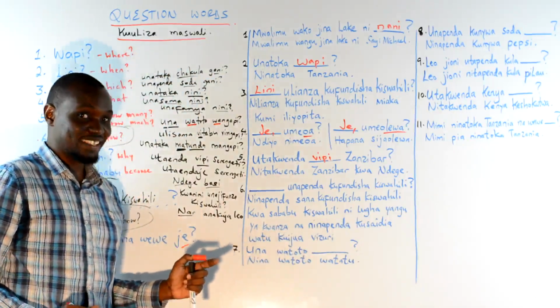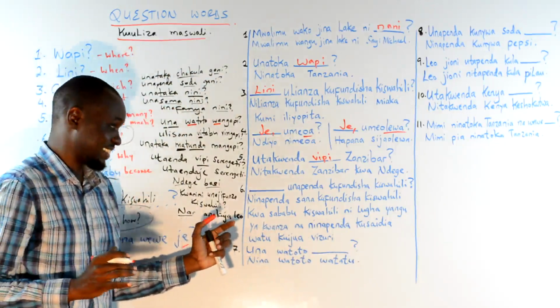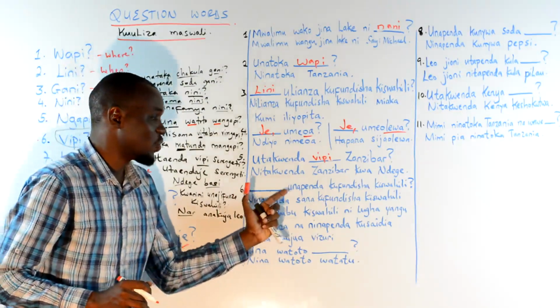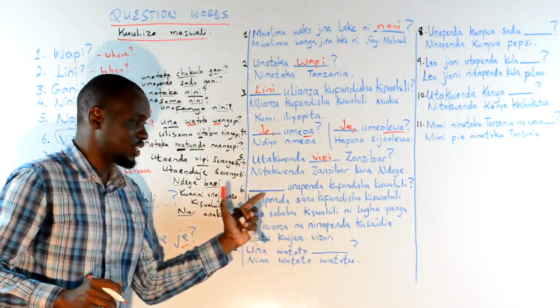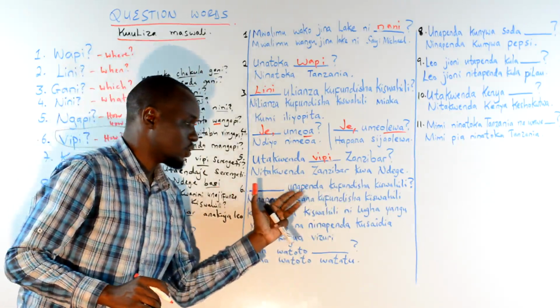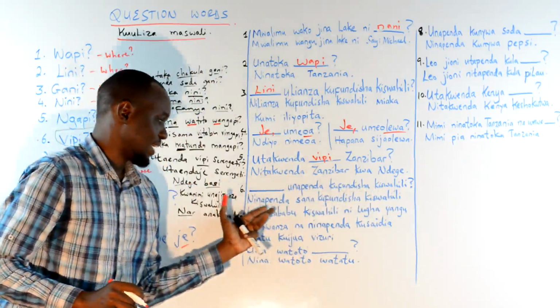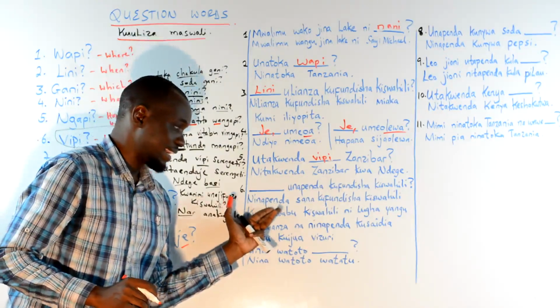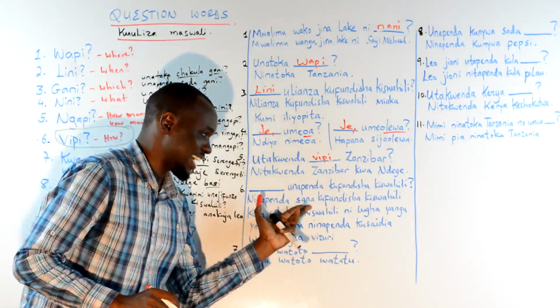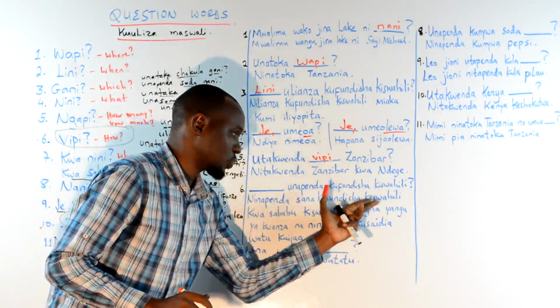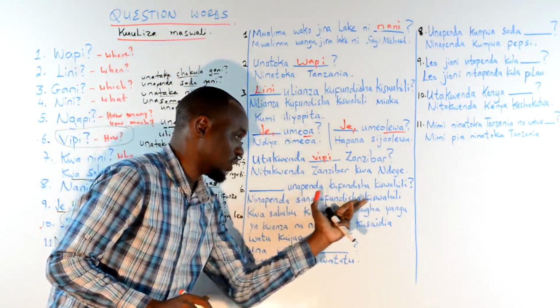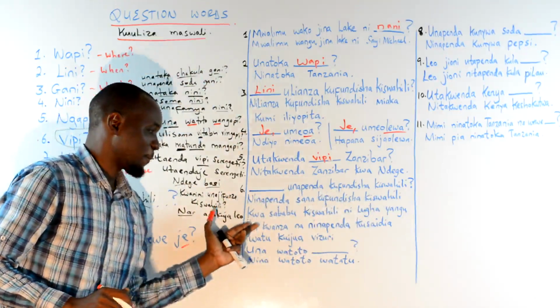Okay, do you know the meaning of that very long sentence? Dash dash dash, unapenda kufundisha Kiswahili. You like to teach Swahili. I like, ninapenda, I like very much, sana, to teach Swahili. Kufundisha Kiswahili is to teach Swahili.